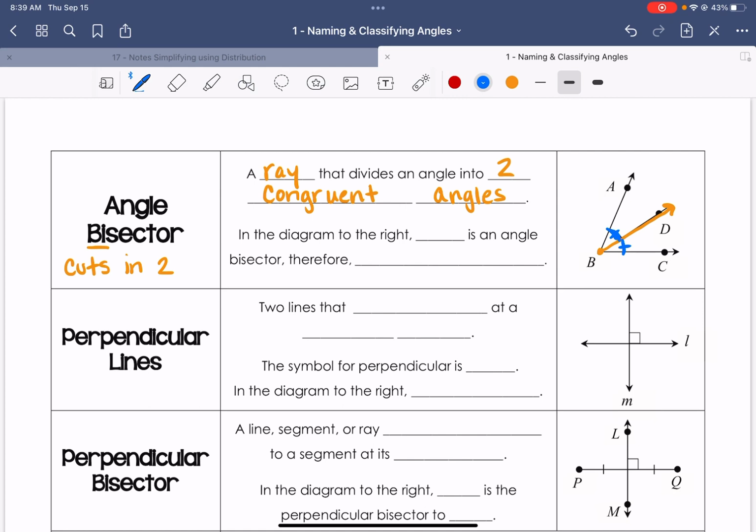So if BD is our ray, we're going to say in the diagram to the right, ray BD is an angle bisector.